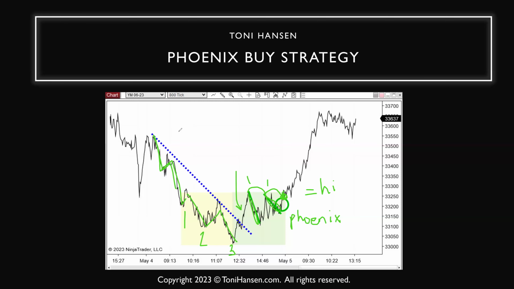And then, let's clear this. You'll notice that the entry trigger that's circled is basically your smaller channel break as the entry trigger, not waiting for this bigger channel here.